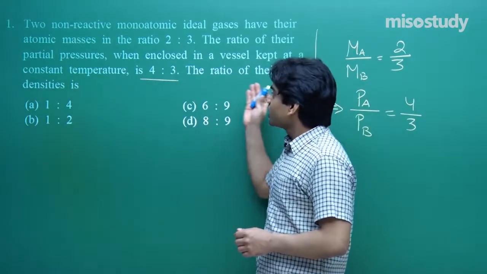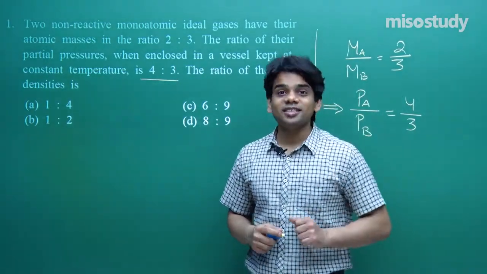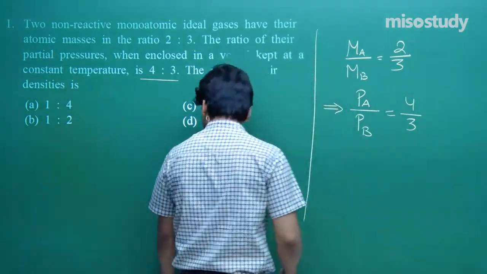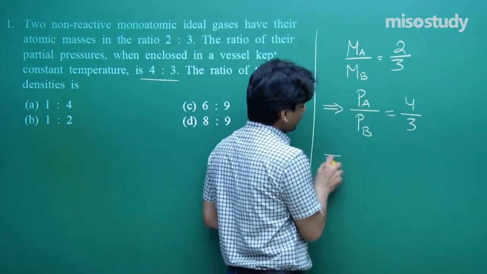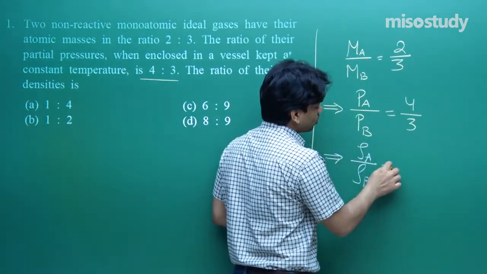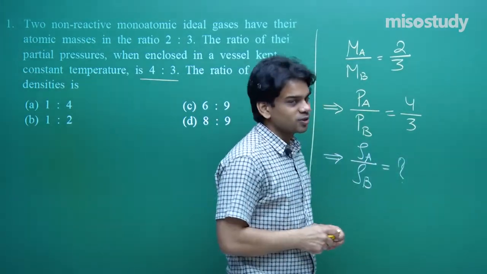We need to comment on the densities of A and B. The required thing in this question is to evaluate the ratio of the densities of A and B. Let's try to find out what the ratio will be.